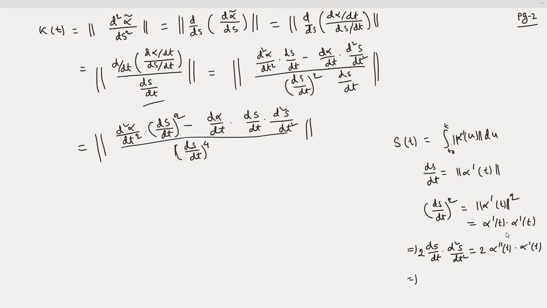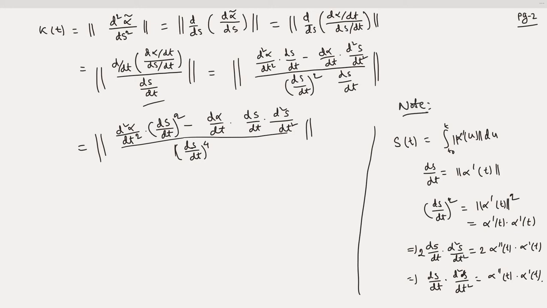This implies ds/dt times d2s/dt2 is equal to alpha double prime of t dot alpha prime of t. Okay, so note.